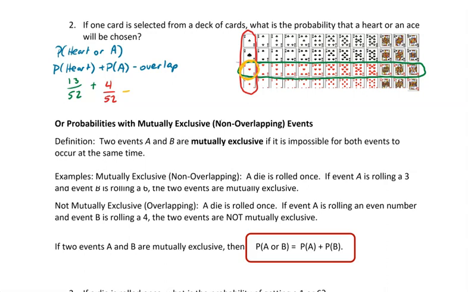So there's one card out of 52 that fits both criteria. So we are subtracting that one out. So this is going to be 16 out of 52, which if we go ahead and divide those by 4, we get 4 out of 13.